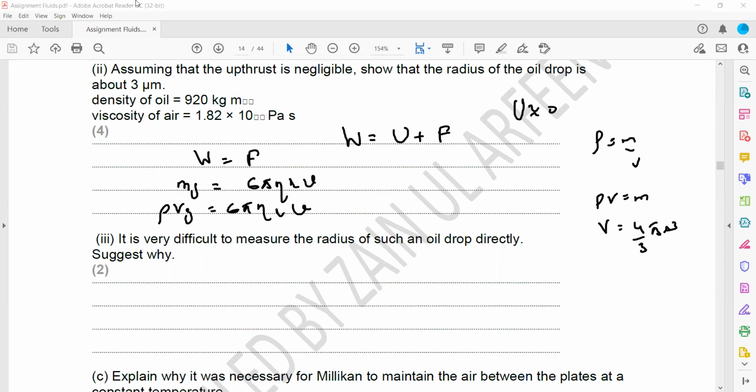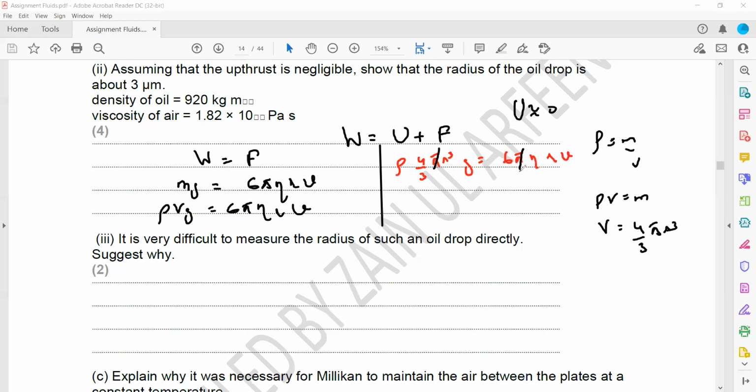So the equation will change. It is density times 4 by 3 pi r cubed times gravity is equal to 6 pi eta r v. We further simplify this equation before substituting the values.